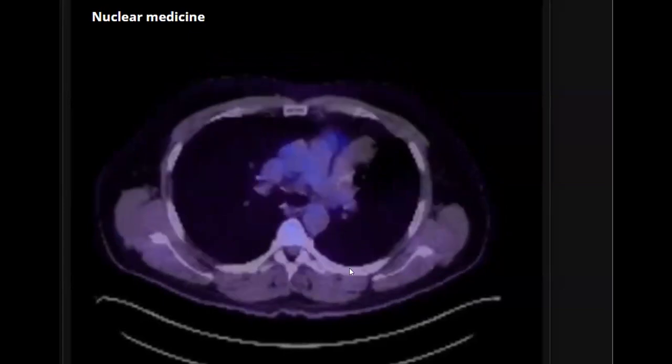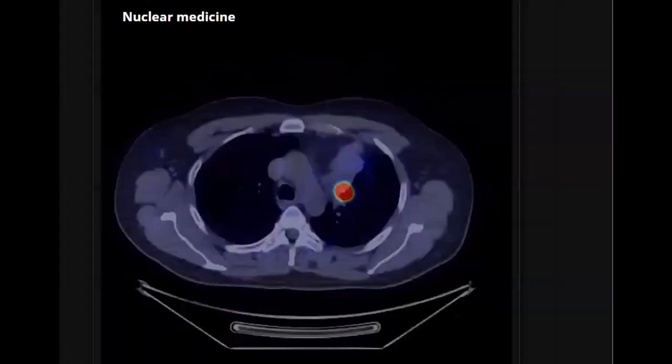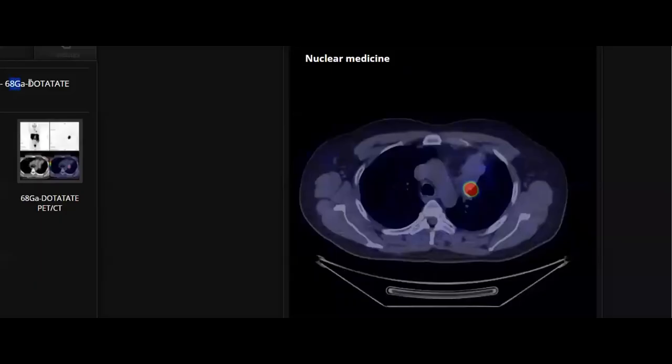Is there uptake or not? So this is typical for carcinoid. Sometimes it can be shown after that by one more study, which is an octreotide scan, or this new scan, which is gallium dotatate, which proves that it is carcinoid. Okay. So in this case, this is the final answer. This patient has carcinoid.